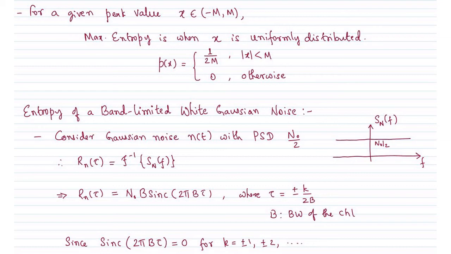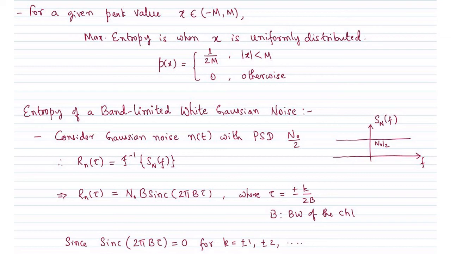Band limited means we have a given channel bandwidth where the noise is assumed to be white and Gaussian. White Gaussian noise is that noise where the power spectral density is flat, in the sense that for all frequencies, irrespective of the frequency, the power density function is constant.